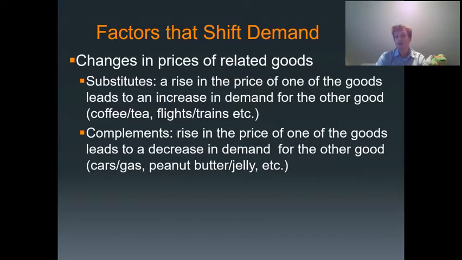So if you're modeling coffee, then a substitute good would be tea. They're both caffeinated beverages. If you're modeling flights, then trains might be a related good, because they're both modes of transportation. These are substitute goods. Pencils and pens is another very good one. The idea is you would use one in place of the other.